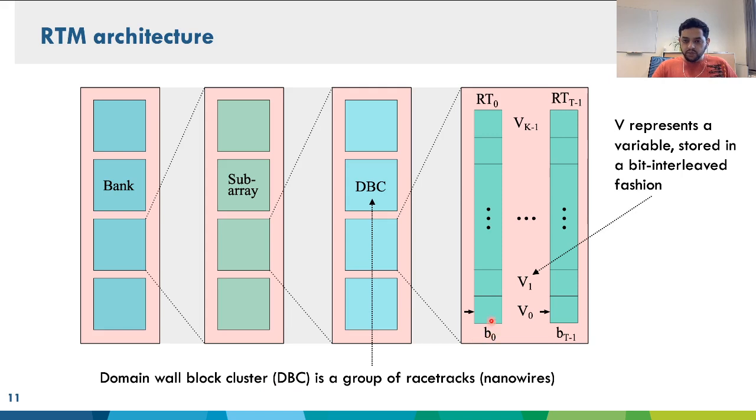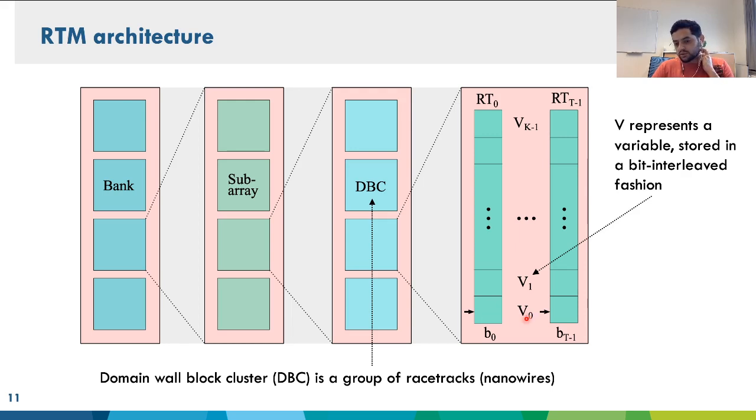The nanowires are grouped together in a way that access ports in all nanowires point to the same location, and data is stored in a way that bits of a variable or of a memory object are distributed across all nanowires.